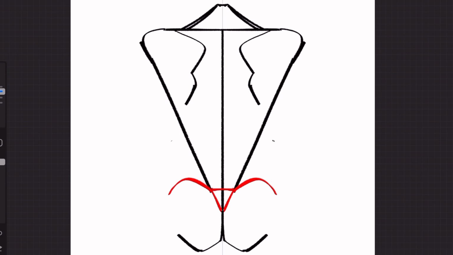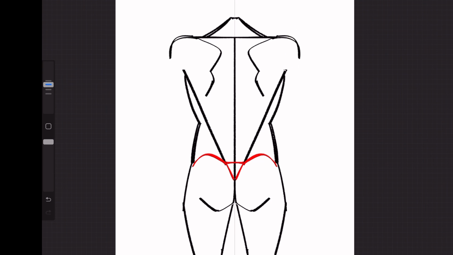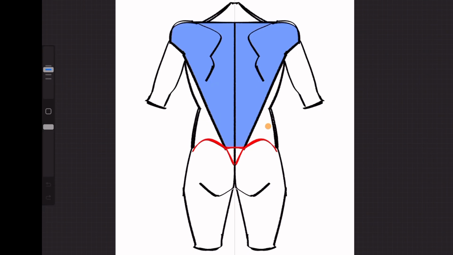Now you can go straight down like this, and I guess that would be fine, but personally I like to indicate the curvature of the ribs before going down to that C-curve. And this is how I'd split the body from this angle, just one big section for the back and another big section for the side of the body essentially, which is in yellow.